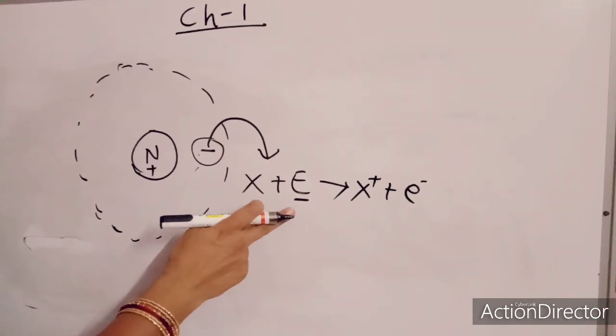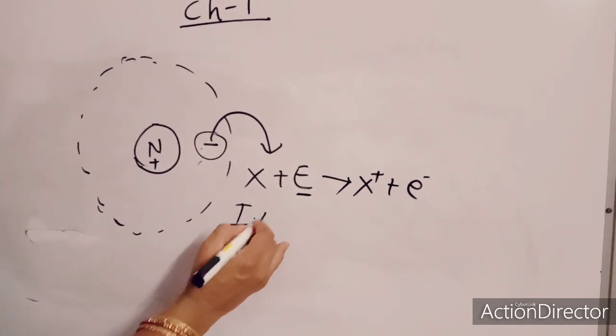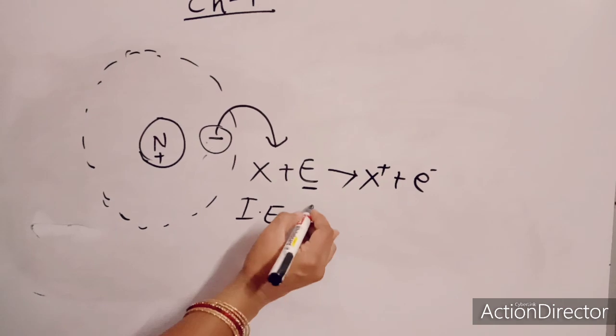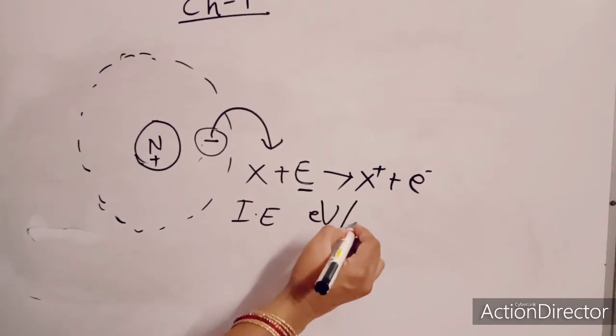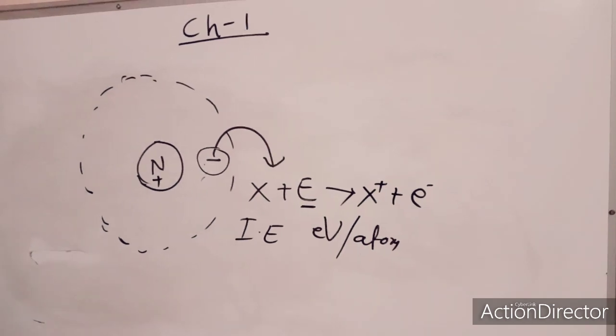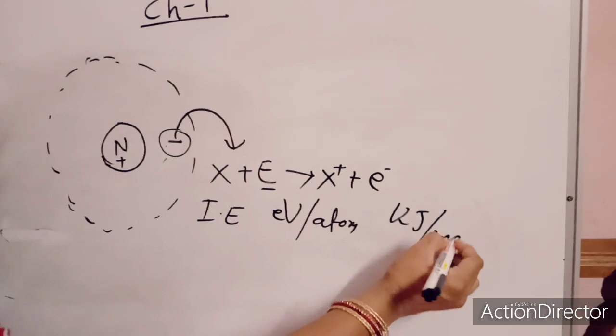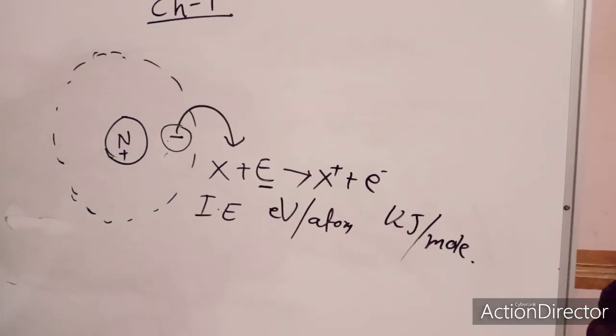The ionization potential is written as IE, with the unit electron volt per atom. It is the smaller unit, and the bigger unit is kilojoule per mole.